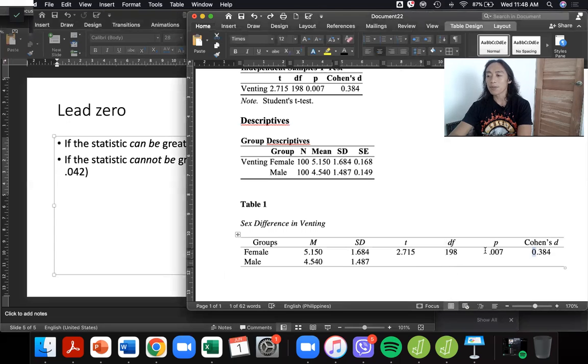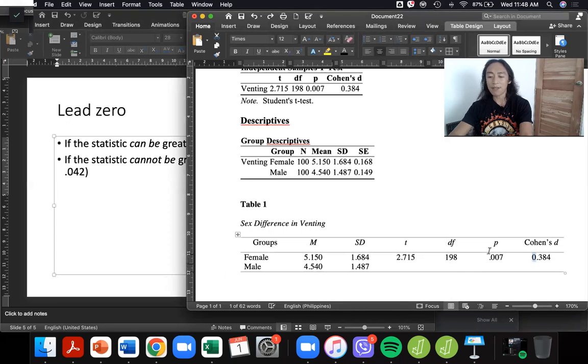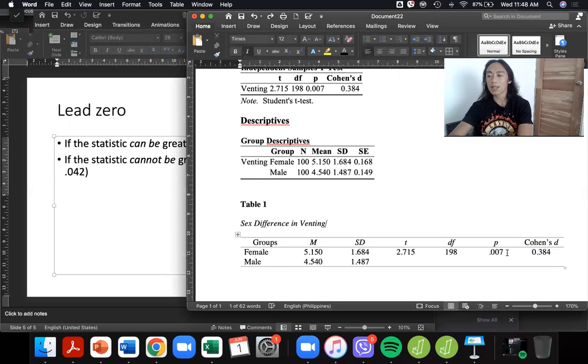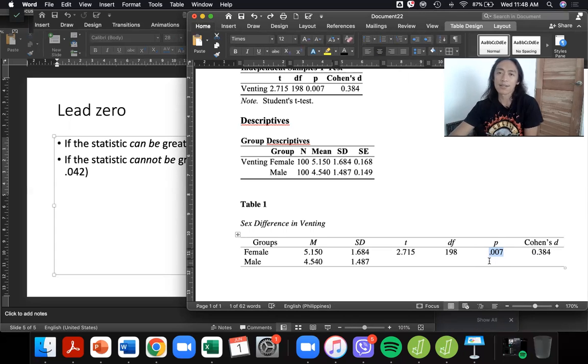An example of that would be the p-value. The p-value does not exceed 1, and you will notice here that there is no lead zero. So the expression is just .007, not 0.007. So again, no lead zero for values that cannot exceed 1.